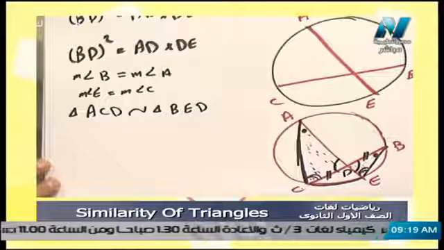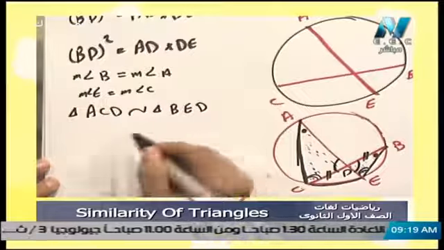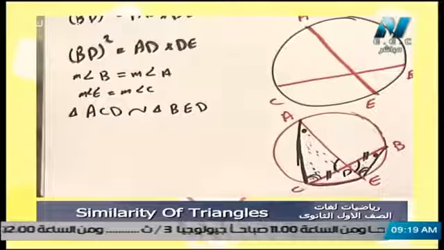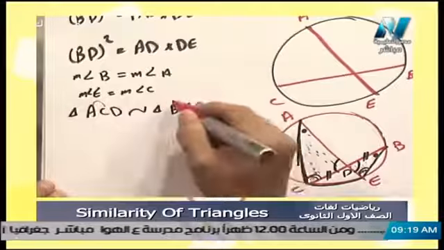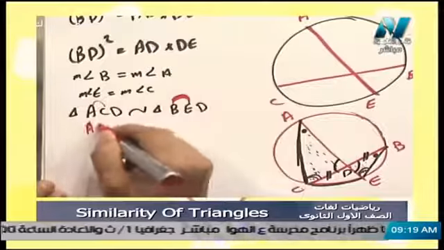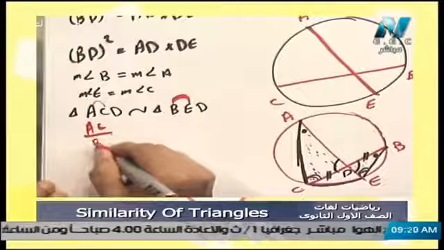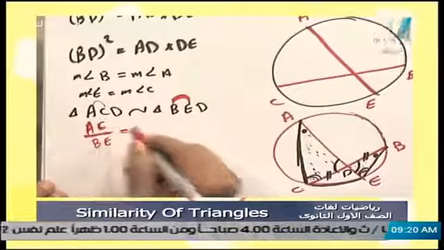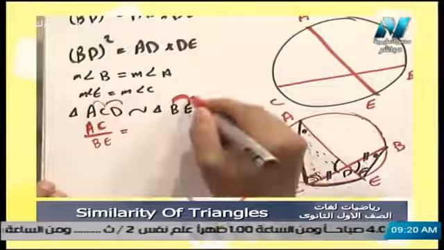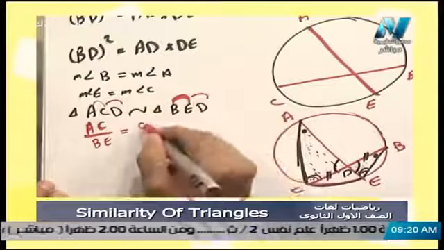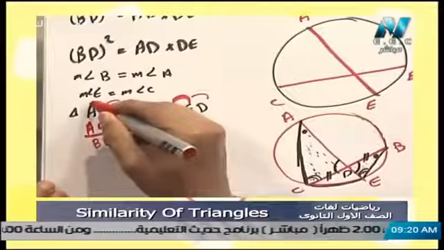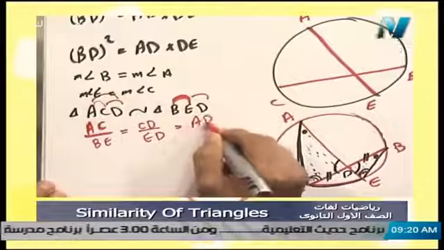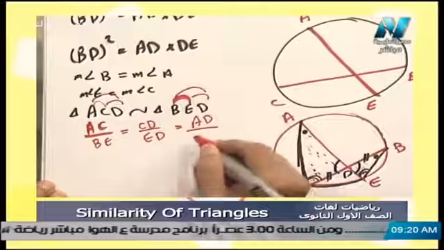Okay, and from the similarity we deduce that AC over BE equals CD over ED equals also AD over BD.